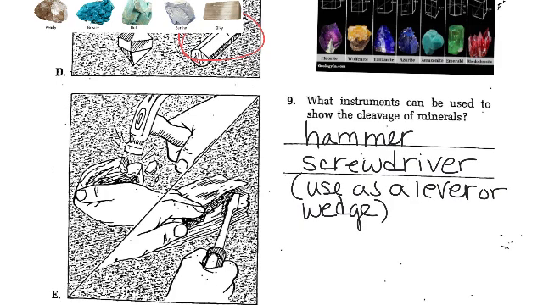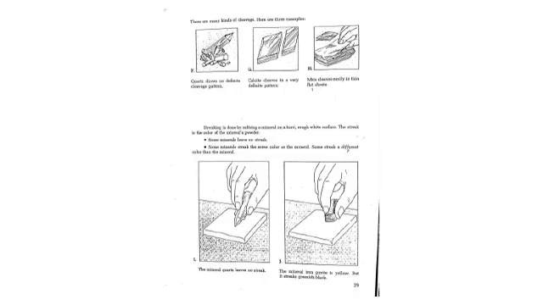Because some minerals will break off in sheets like this one here. And then some minerals, all they do is break off in chunks, so they don't necessarily have a particular type of cleave. On to the next page.